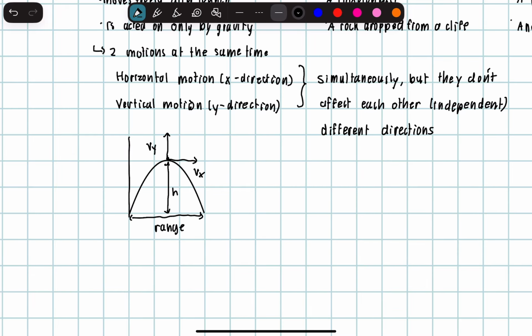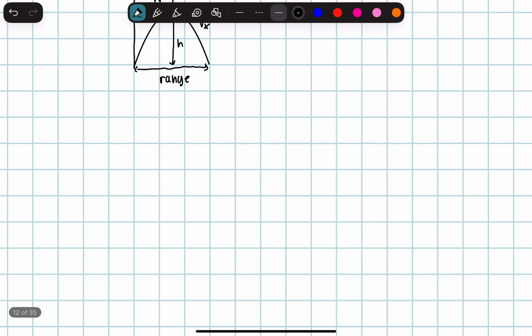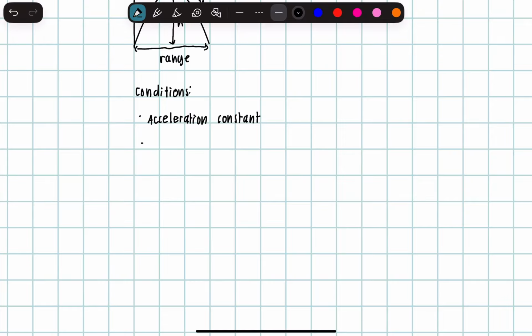Now, what are some physics assumptions? Some conditions of projectile motion are that you have a constant acceleration. Also, that gravity acts downward only.